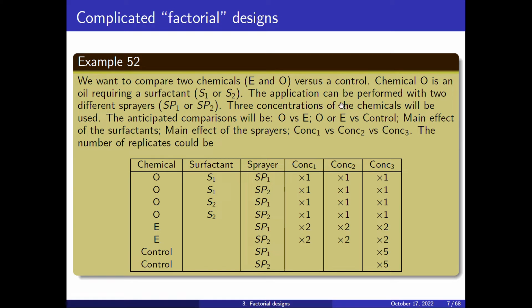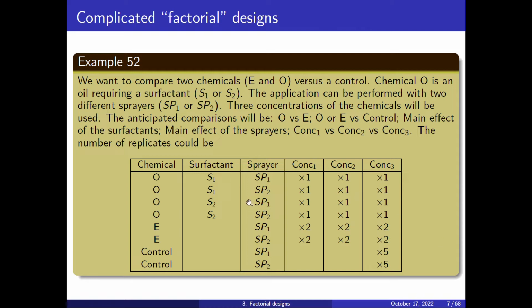The application can be performed with two different sprayers where you are changing the diameter of the droplets, and you will test the chemicals at 3 different concentrations. We plan to do comparisons between the two chemicals and the control, the main effects of the surfactants, the main effect of the sprayers, and the main effect of the concentrations. We may design our experiment in this way.